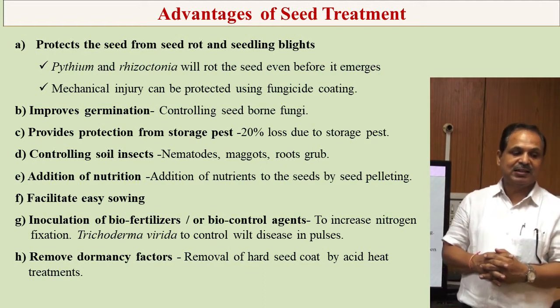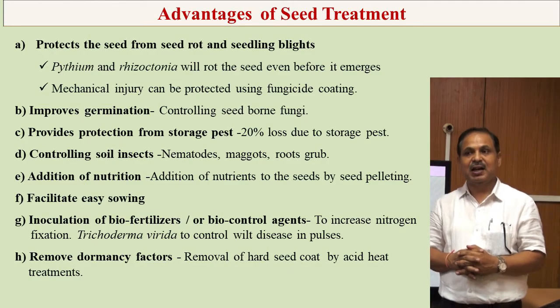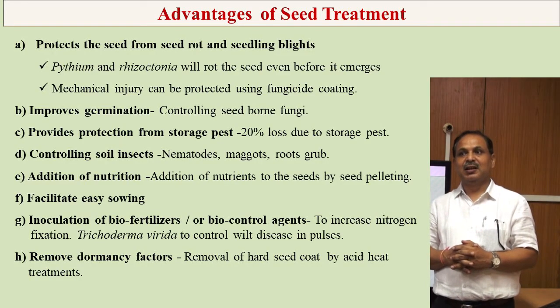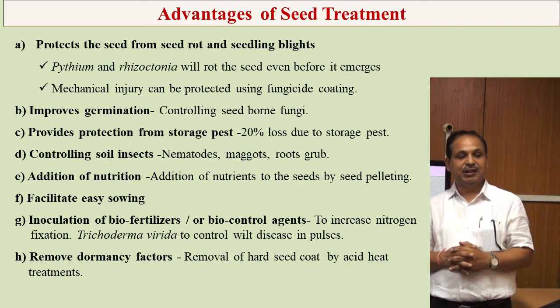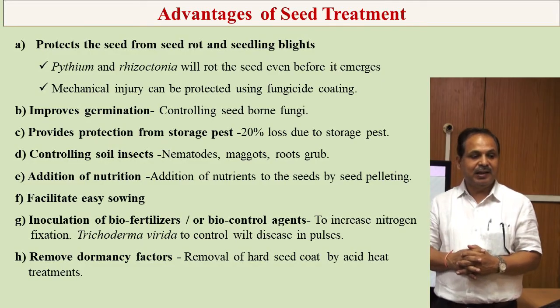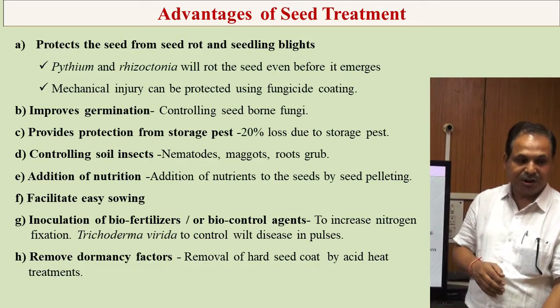Controlling soil insects: nematodes, maggots, root grubs, etc. will not be able to affect the seeds if they are treated with chemicals or other things. In addition, there is a nutrition facility. These are some of the advantages of seed treatments.